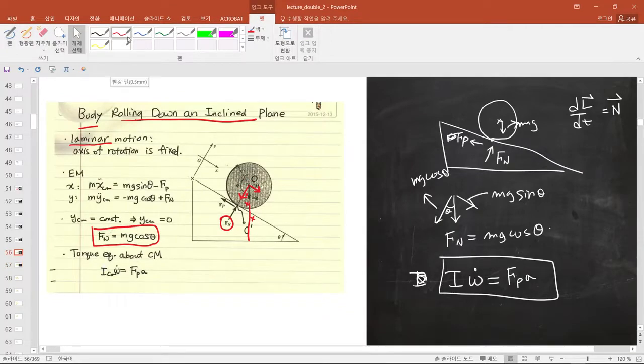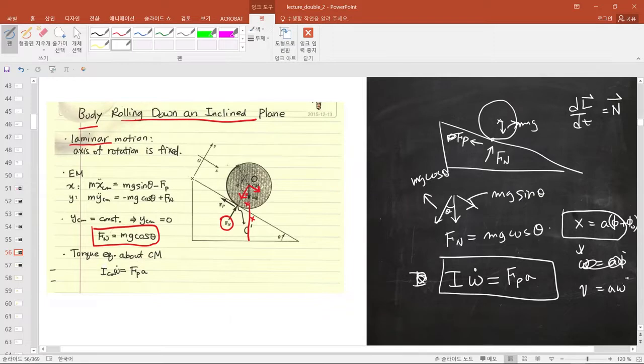It means that x dot should equal a phi dot, that is, v is equal to a omega. So that is the condition for no slipping.